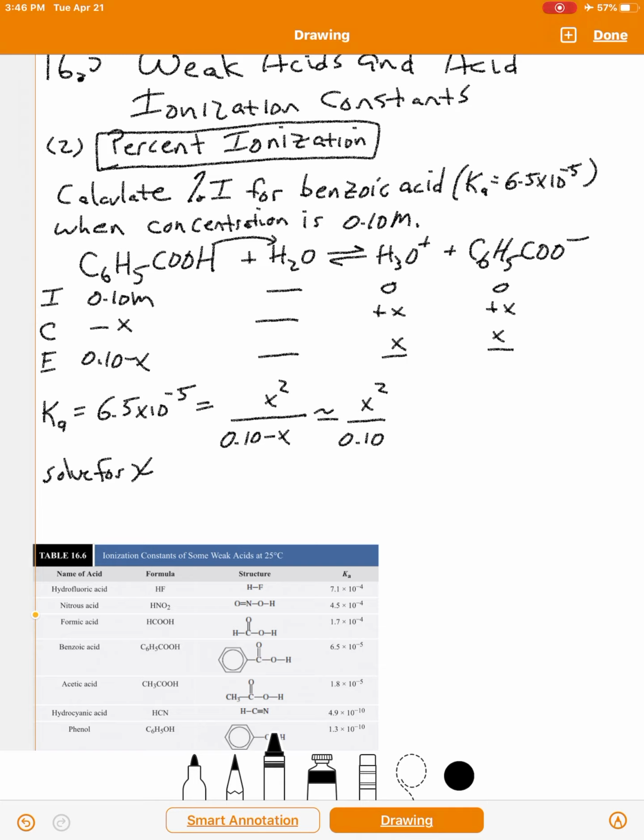You solve for X. So X squared, I'm going to multiply both sides by the denominator, 0.10. Okay, well that's easy. That's 6.5 times 10 to the minus 6, right? And then X would be the square root of that.